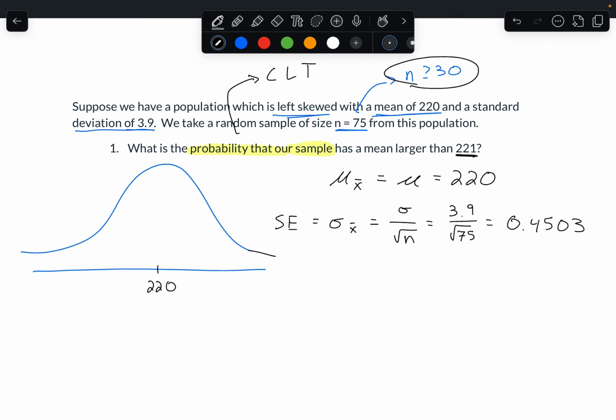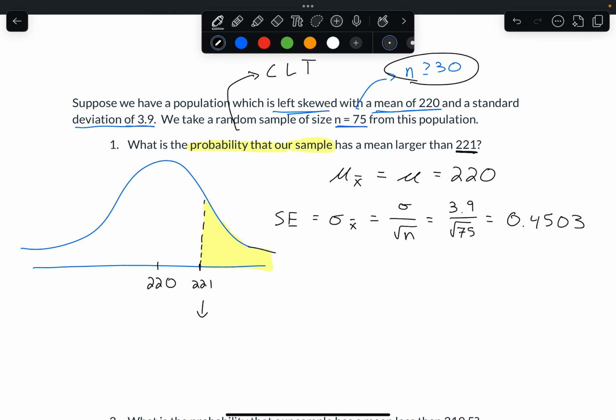So 221 is going to sit somewhere to the right of our mean. If it's larger than that value, then we are looking at the area right here to the right. That's the area that we want to find. If we think back to these types of problems, we'd say, okay, we want to find the z-score for this.